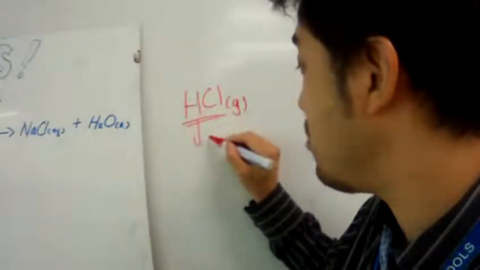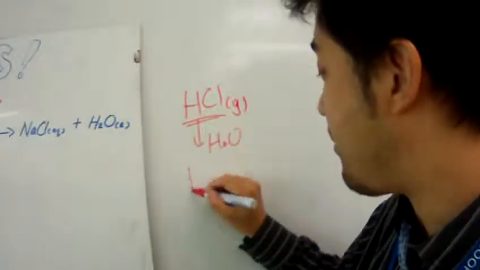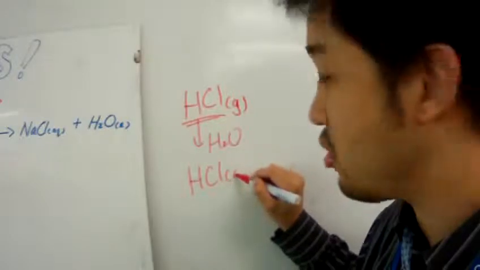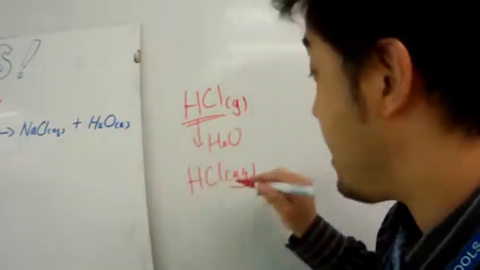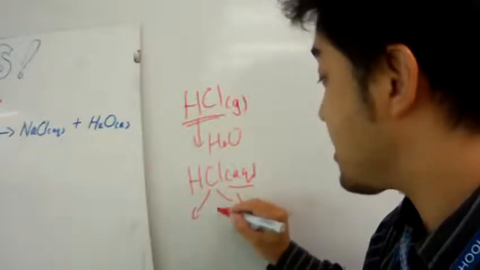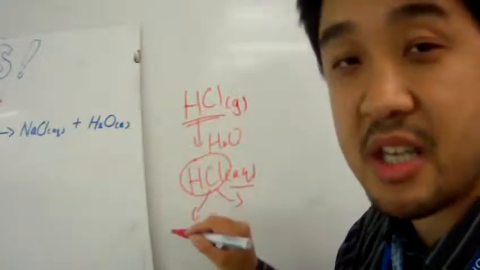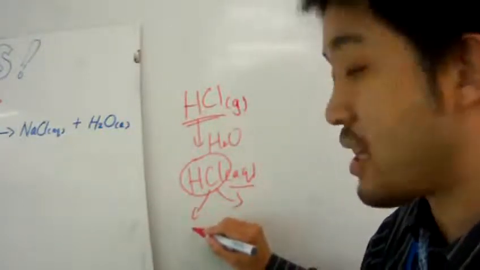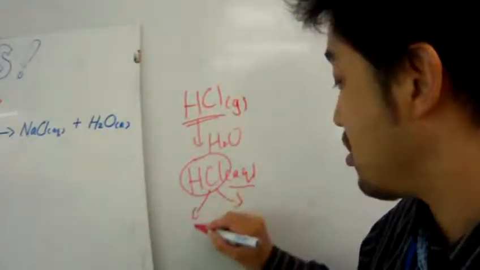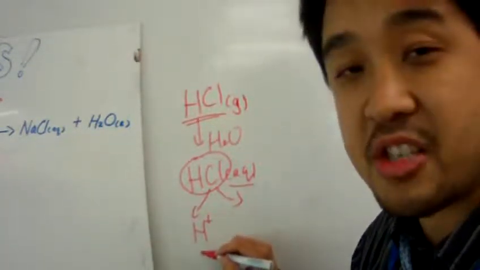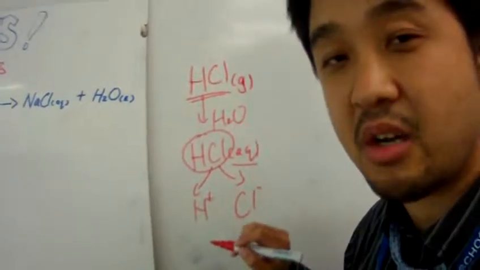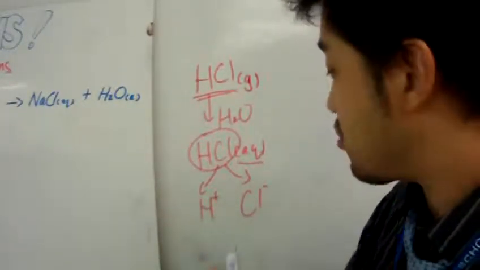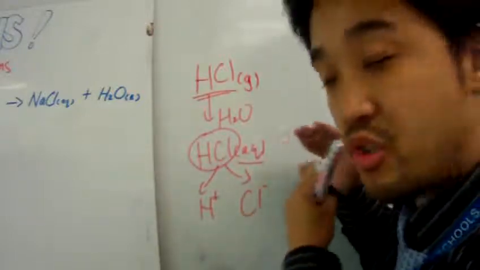When you put it in water, it will turn into hydrochloric acid, which is an acid. And in acid, these substances will further break down into hydrogen ions and chloride ions. So this is what an aqueous solution is.